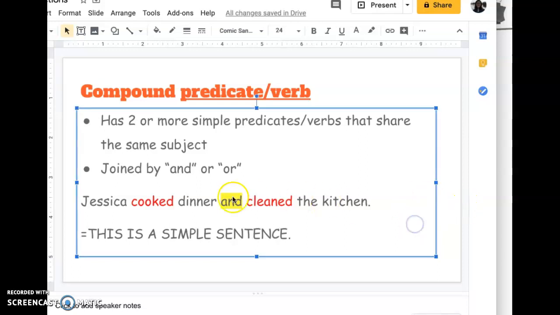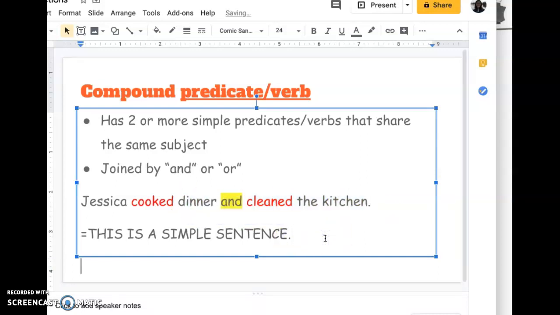Why? Because Jessica cooked dinner is an independent clause. Cleaned the kitchen. Is this an independent clause? No, because there's no subject. Does that make sense? How do we make this into a compound sentence? We could do something like this.